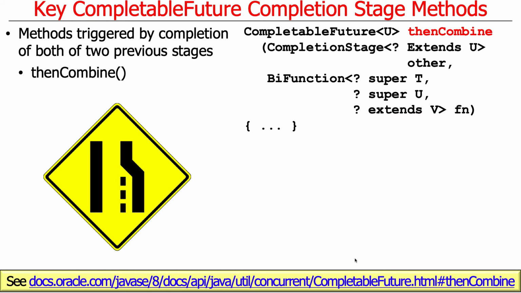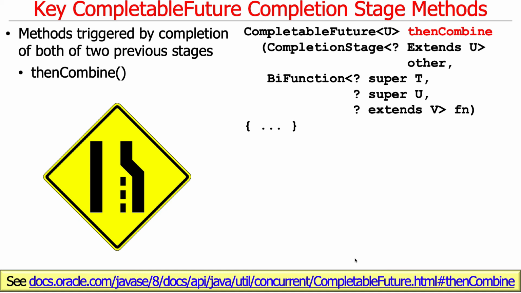All right, so those were some of the methods that work with the completion of a single previous stage, right? So then accept gets called when whatever completed ahead of it. Then compose gets called whenever whatever was in front of it completed, et cetera, et cetera. So those are a single completion.